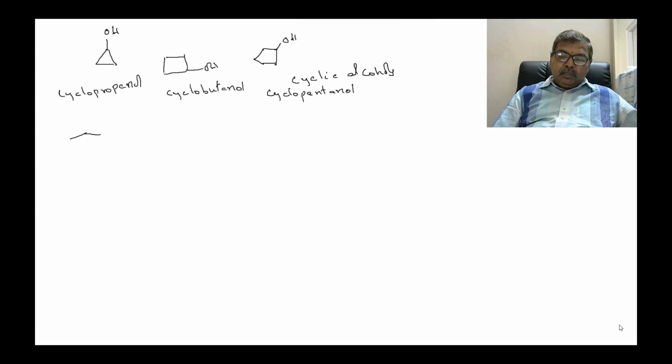Now this is cyclopentanol, in which at second carbon a methyl group is there, therefore it is called 2-methylcyclopentanol.